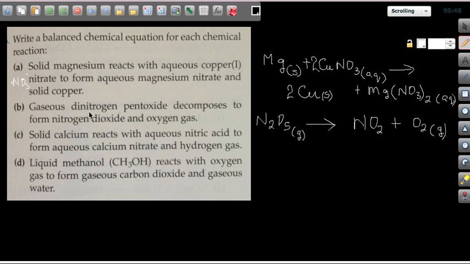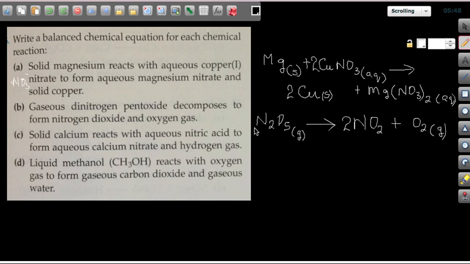Gaseous dinitrogen pentaoxide decomposes to form nitrogen dioxide and oxygen. You have 2 nitrogen here and only 1. So we can start out by trying to balance the nitrogen. And then we have altogether 4, 5, 6 oxygen, and you only have 5 here.